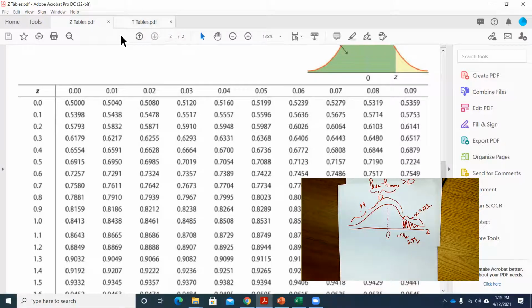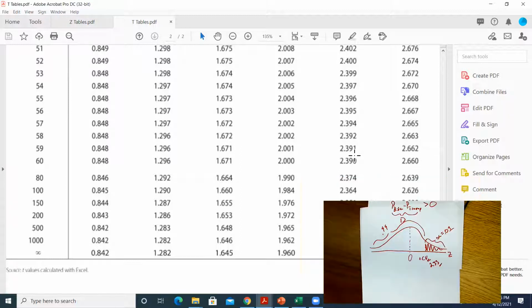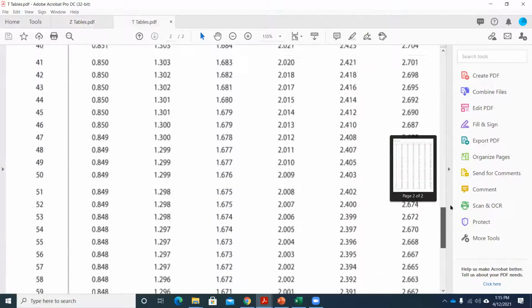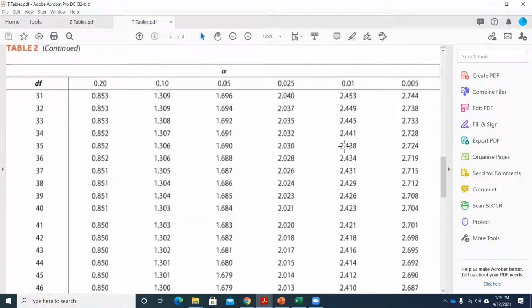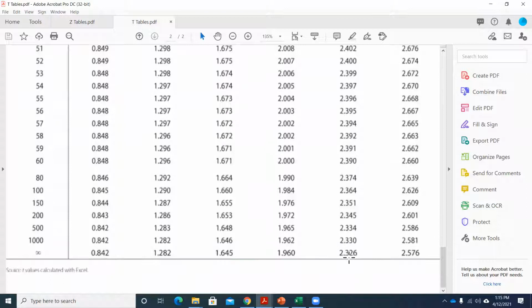We could even go a step further, and we can use the student t-table to cheat a little bit. Remember we said that the last row of this student t-table represents my standard normal values, just out to the third decimal. So if I want the area of 0.01 in that upper right tail, the z-value that gives that to me is 2.326, which was in between 2.33 and 2.32 before.